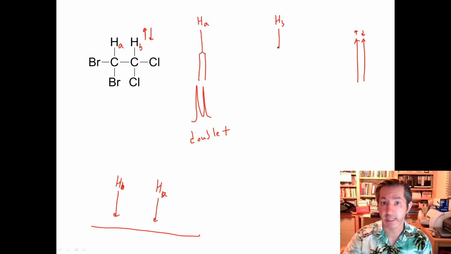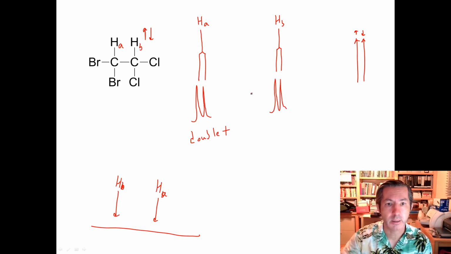And it turns out the same thing happens with HB. HB sees the applied field of the instrument, and he sees the field from the hydrogens next door. And so what happens is HA is split by his neighbor.